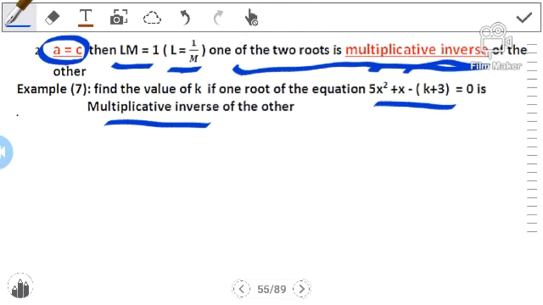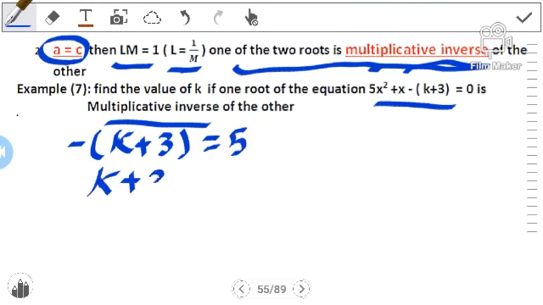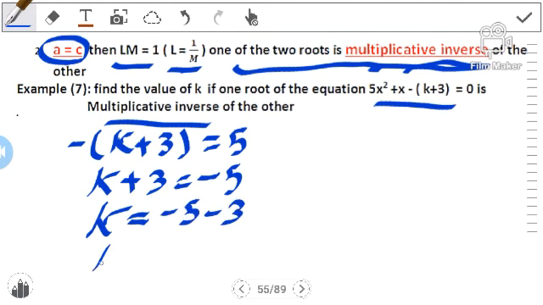Multiplicative inverse means I set c equal to a. Here c is negative k plus 3, and I take the coefficient a as it is, with the sign of the absolute term in front, equal to 5. This means k plus 3 equals negative 5, so k equals negative 5 minus 3, then k equals negative 8. In this case, k equals negative 8, and the two roots are such that one of them is the multiplicative inverse of the other.